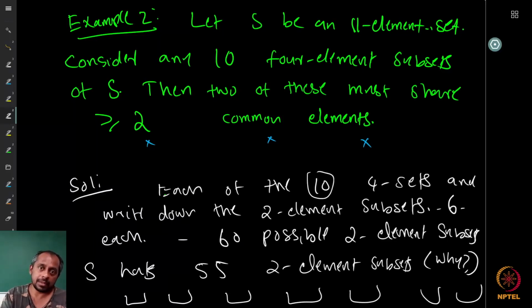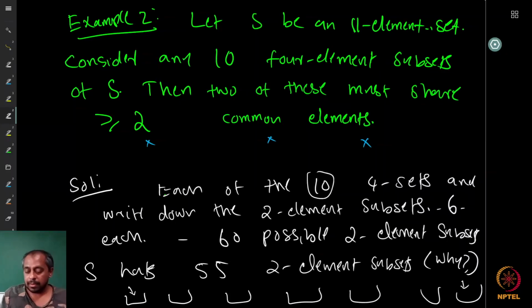They all come from the set S. So I'm going to put the 60 into the 55 boxes. 60 is more than 55. So one box must have at least 2 inside.